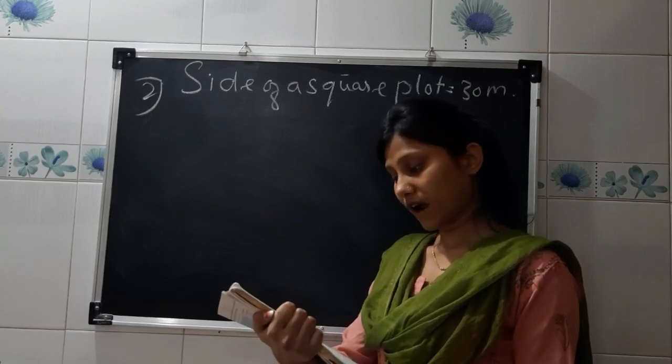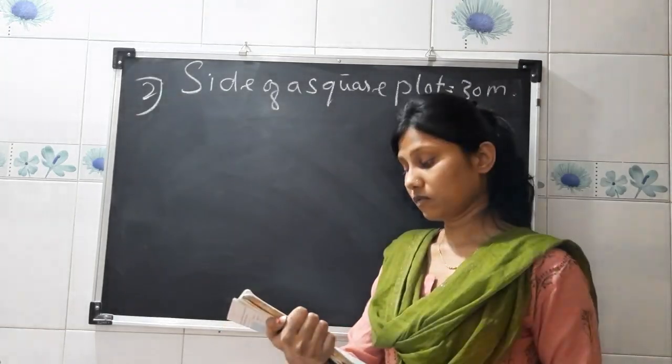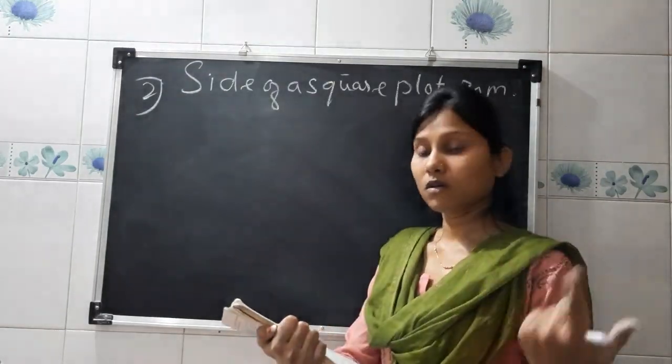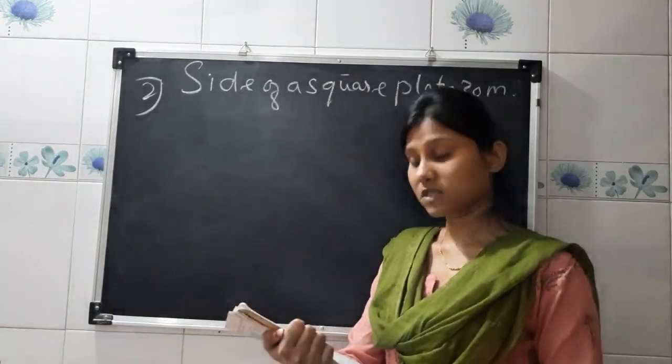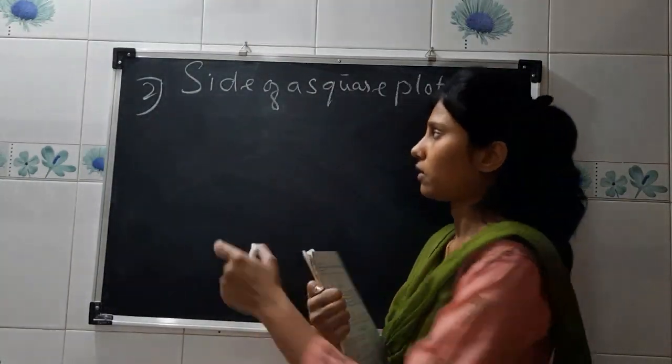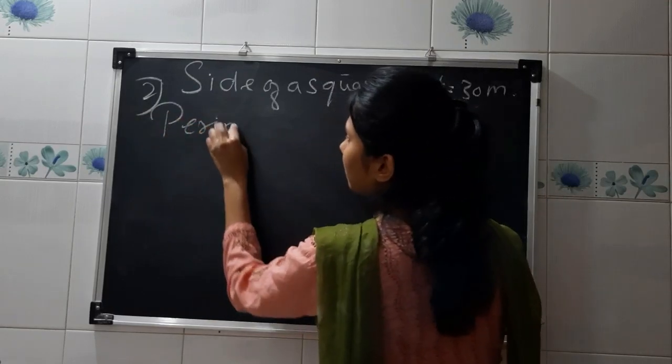So we have to find out how much wire will be needed to put a triple fence, means 3 times fence, around a square plot. So first we will find out the perimeter of a square.